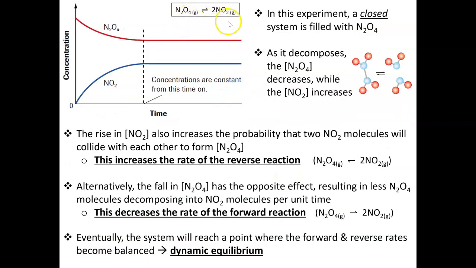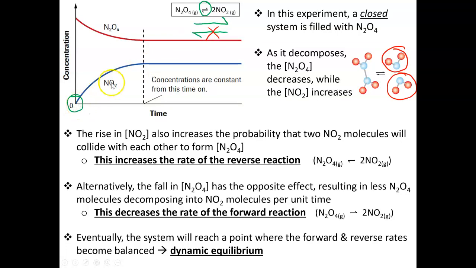So let's take a look at this reaction to see how a dynamic equilibrium can be established. Here we have N2O4 decomposing into two separate molecules of NO2, one over here and one over there. At the very start of this reaction, at time index 0, only the forward reaction can proceed. The reverse reaction is not possible because there's 0 NO2 at the beginning.